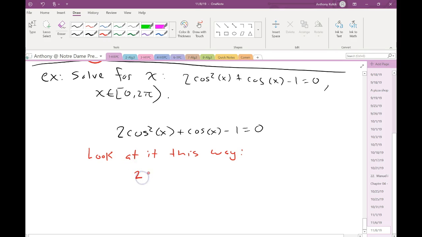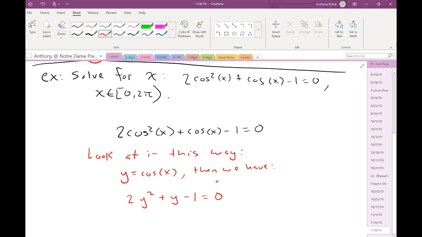What if I just imagine y to be equal to cosine x? So what if I just replace cosine x with the variable y? That equation then becomes 2y squared plus y minus 1 equal to 0.